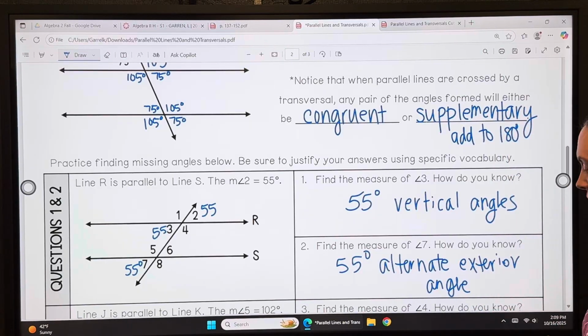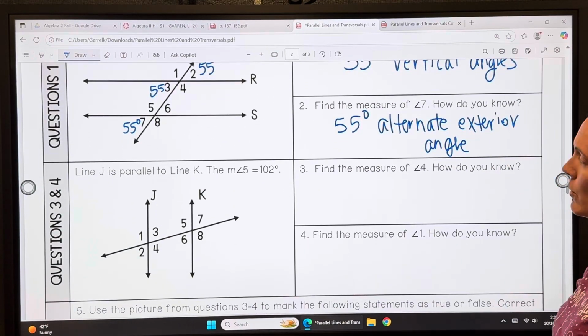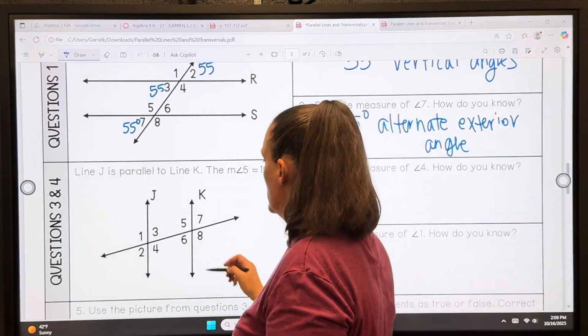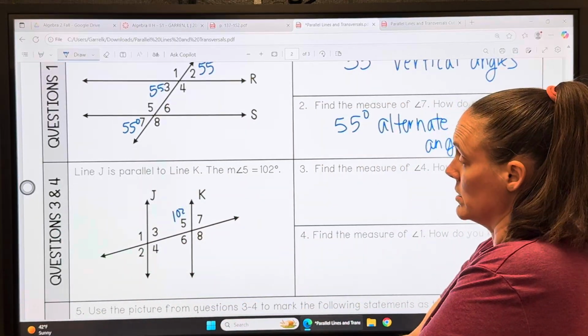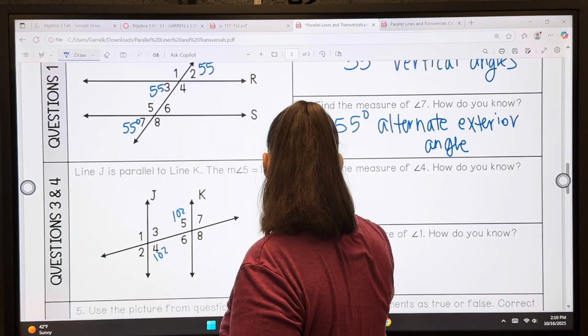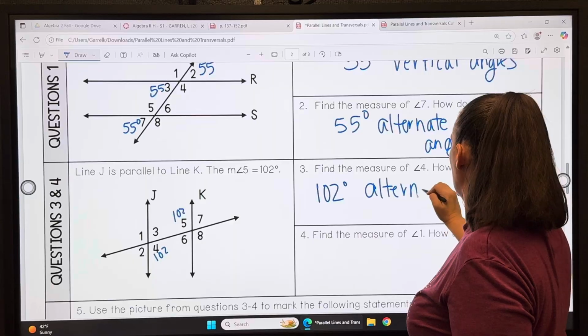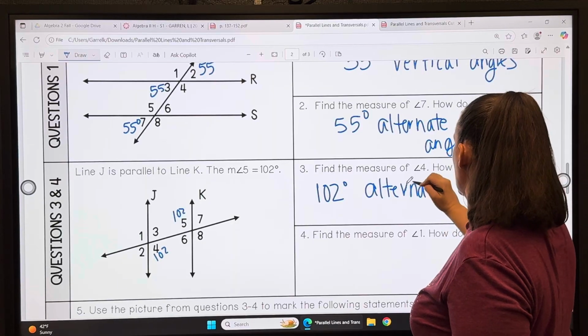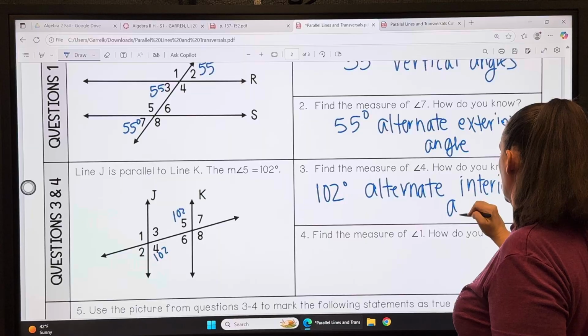All right, so let's look at the next drawing. They're saying angle 5 is 102. All right, and they want to know angle 4. Well, alternate interior angles are congruent, so this is 102. That's a reason.